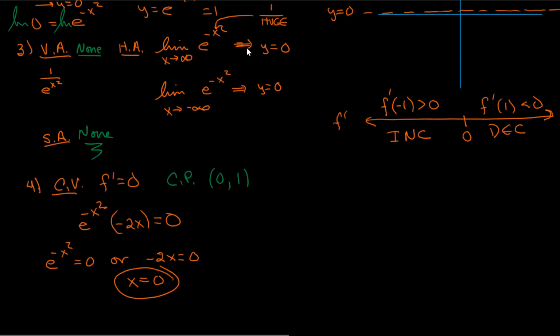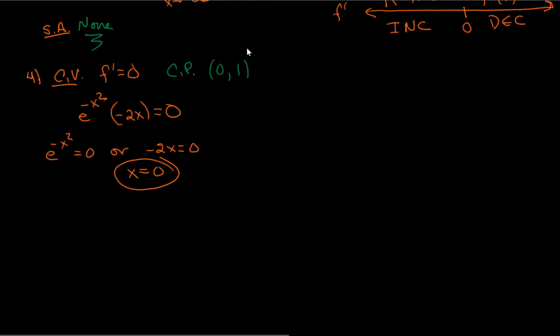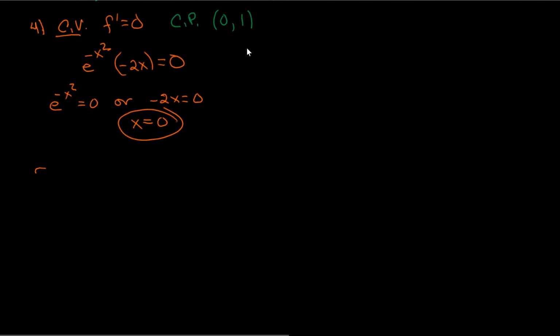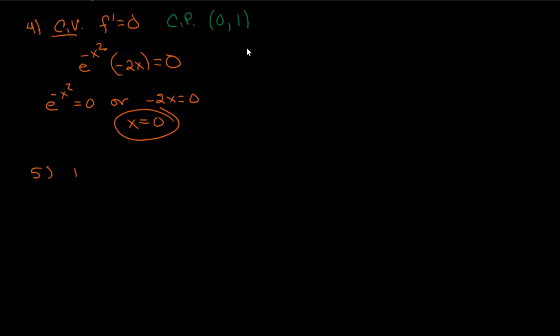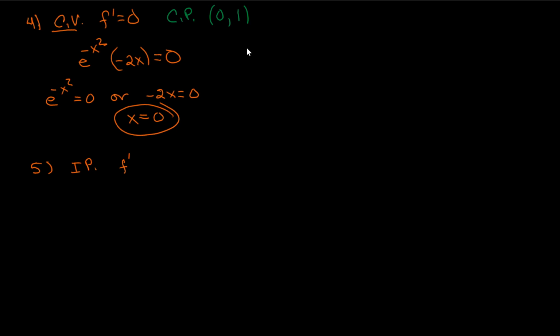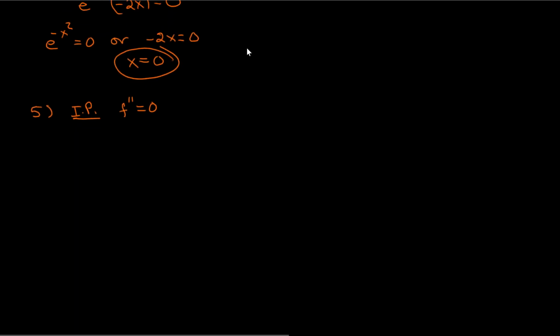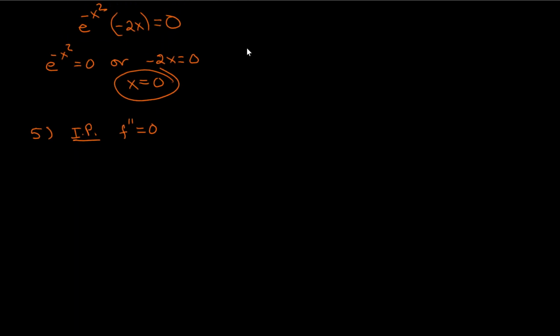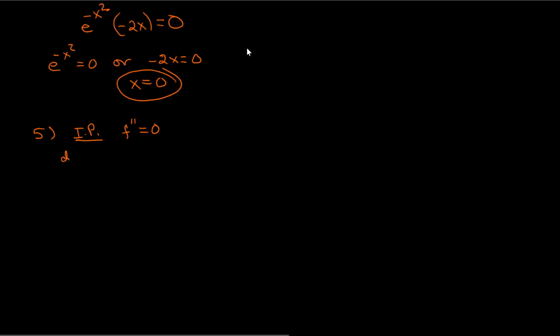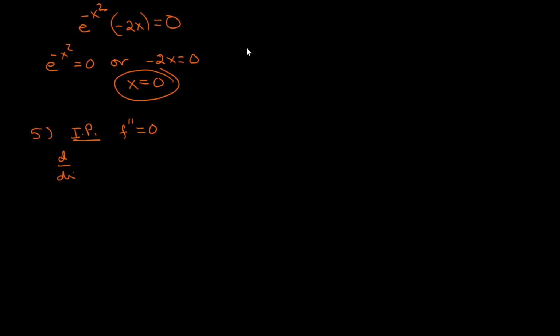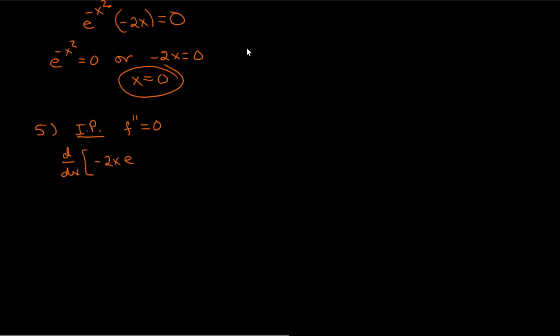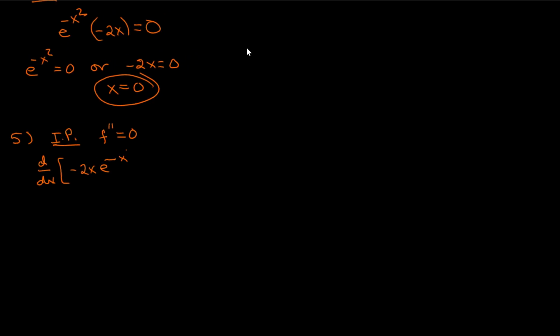Next thing we want to do is locate inflection points. Inflection points occur where the second derivative is 0. In order to take the second derivative, I want to take the derivative of this negative 2x e to the negative x squared.